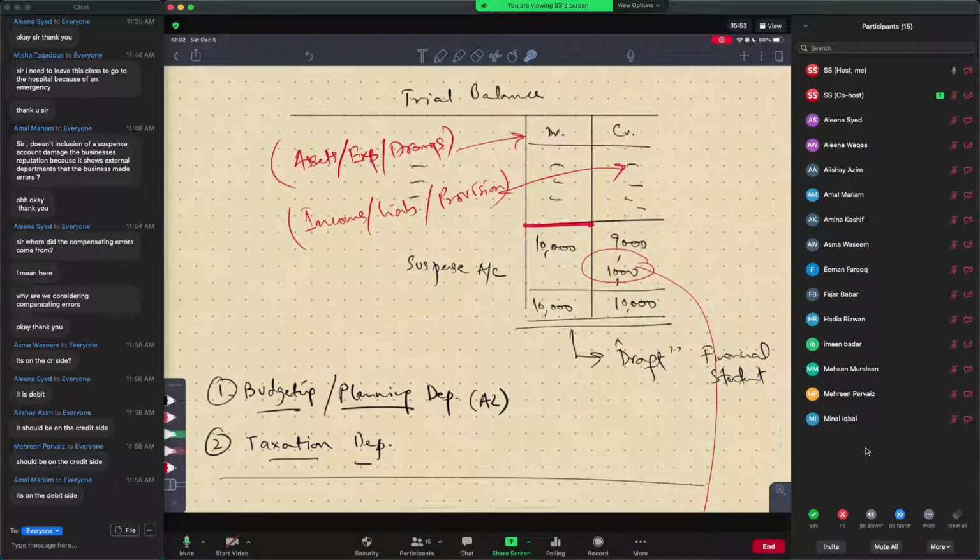What is the total of the debit side and the total of the credit side, then we include the suspense account here. So right now, just redraft the trial balance, putting everything on their appropriate, correct side, and then you will notice the trial balance will not balance. Then we will discuss the suspense account. So let's get started. 5 minutes. And once you have completed it, give me the debit column value and the credit column value.